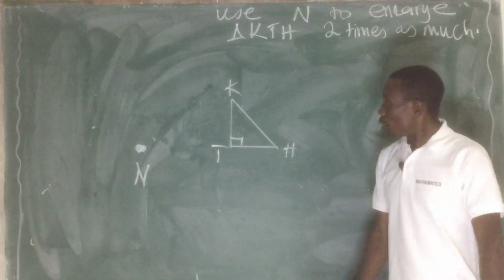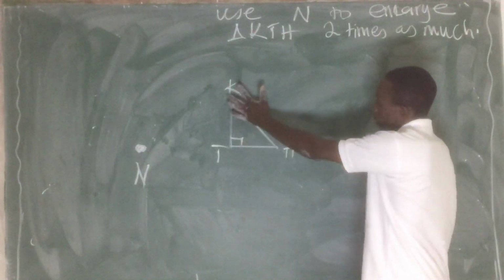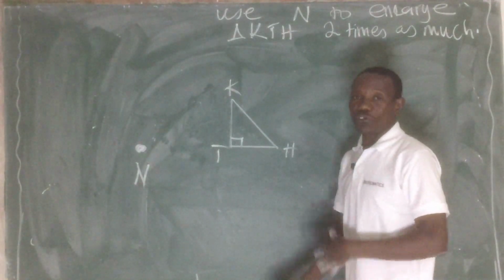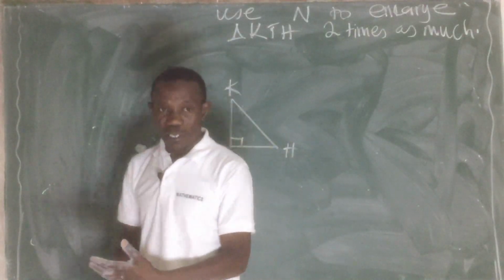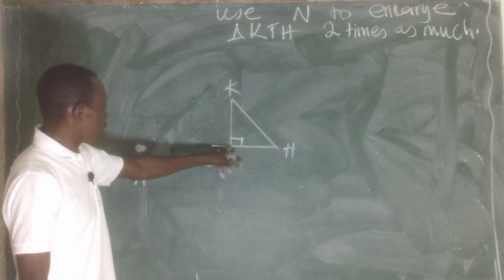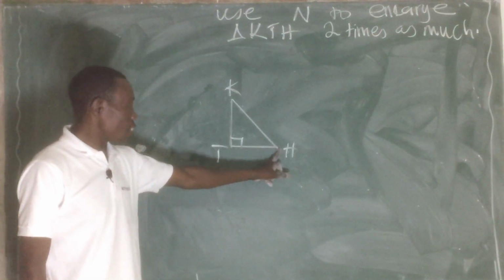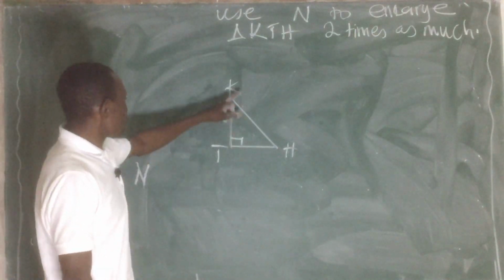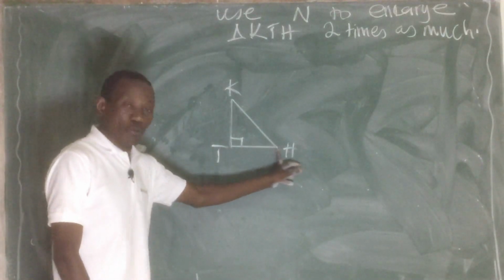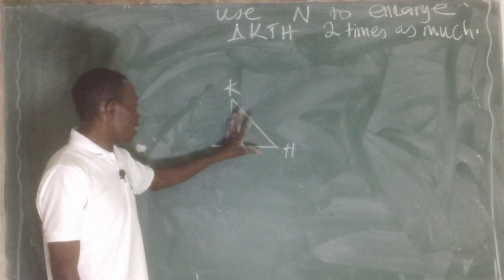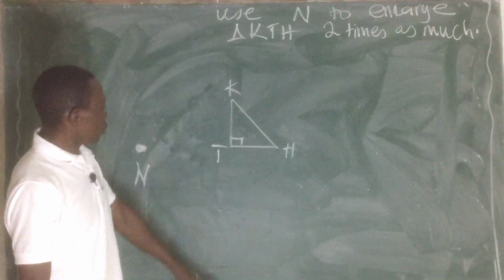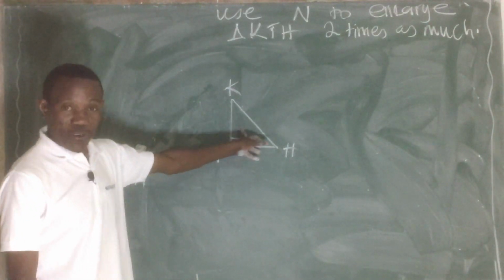So it means whatever dimensions I have in that triangle should be 2 times as much. To mean that the length of KT should be doubled, length of TH must be doubled, and also length of KH must also be what? Doubled.